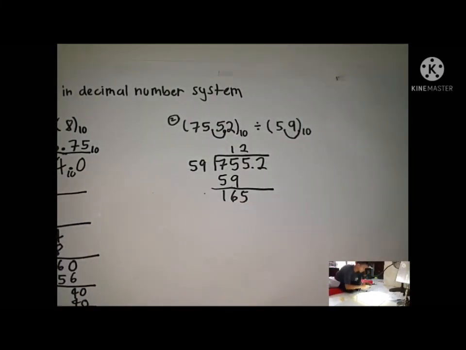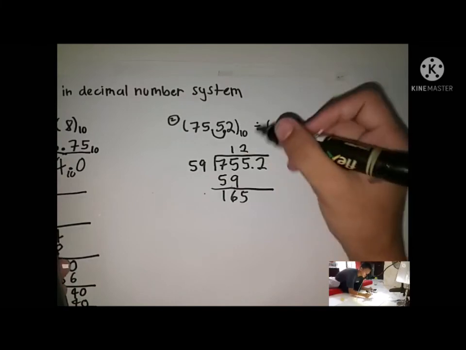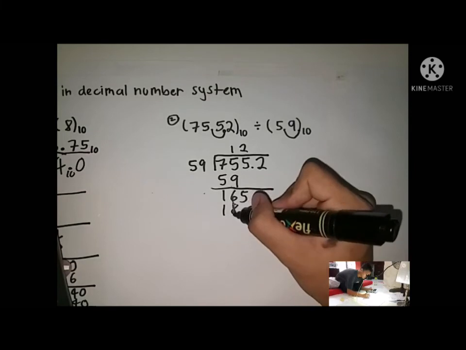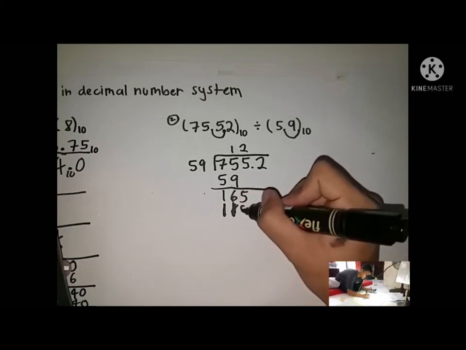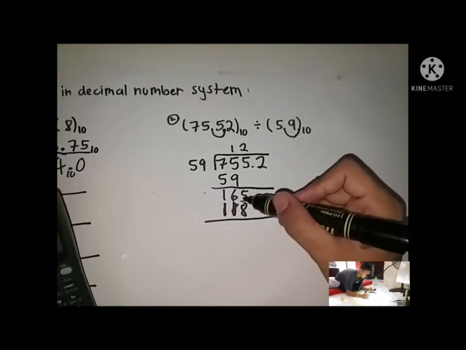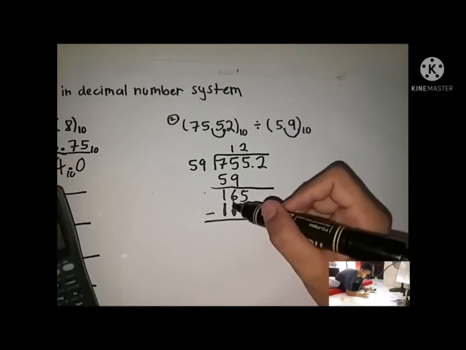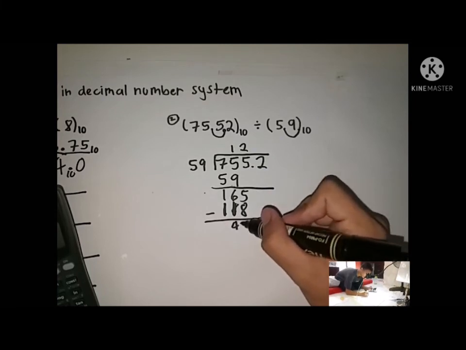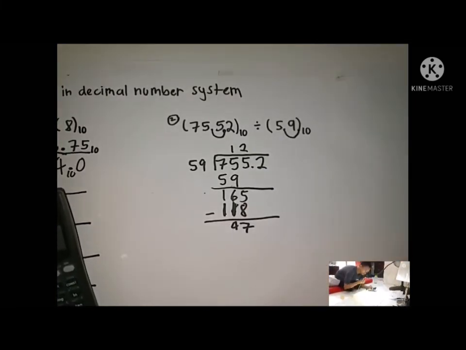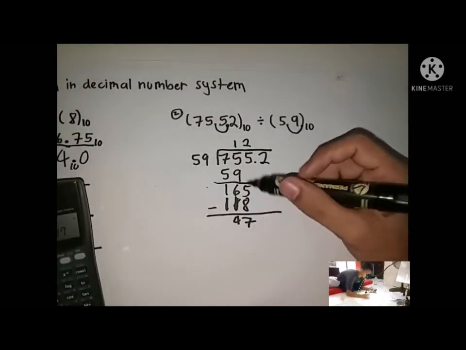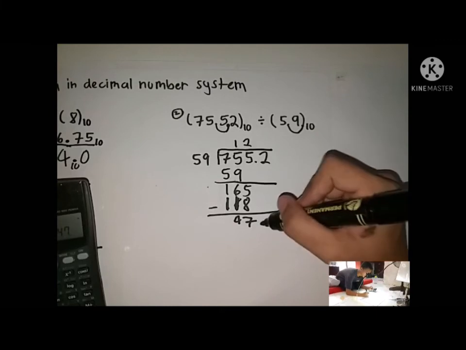So we must multiply 2 by 59. It gives us a 118. So subtract these two numbers, 165 minus the 118, so it gives us a 47. So as you can see here, the dividend is greater than the divisor, so we must bring down here the 2.